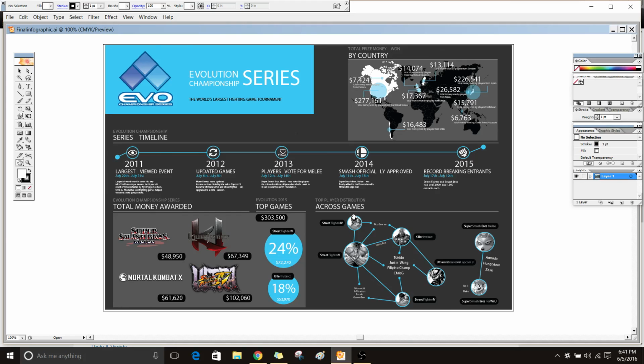I guess next we can talk about alignment. I've tried to create a sense of alignment by aligning these 2 displays here along the text, and then also right here along the right side, and then also here, in terms of rows. There's also a sense of alignment with this timeline here.